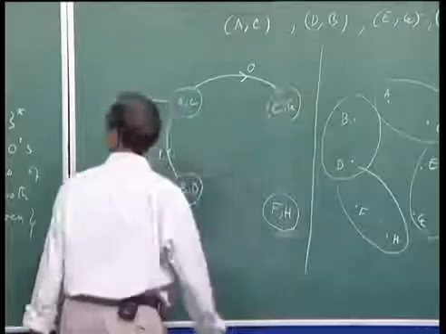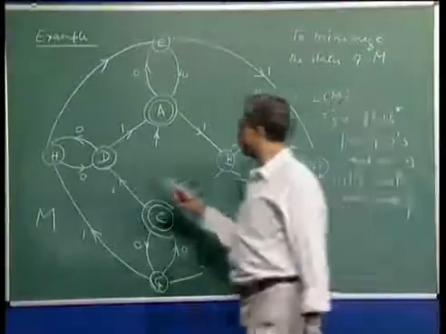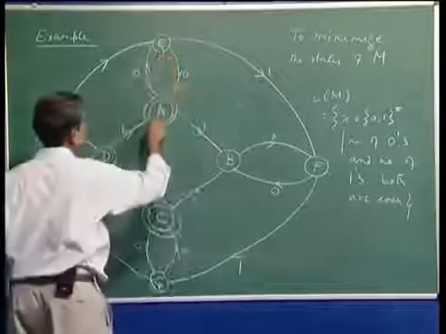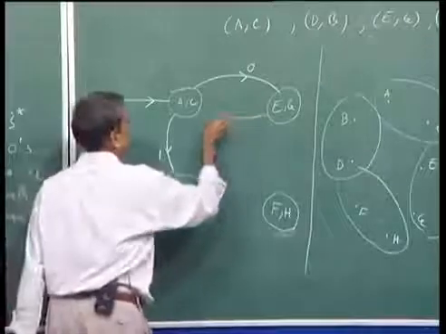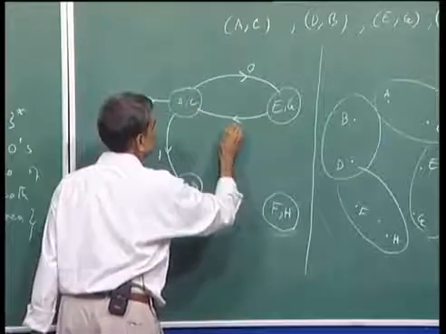And now, if you see from E, from this state on 0, where would you go to? So, let us just see from E on 0, where do we go to? We go to A. A is here. So, in fact, we will come here.